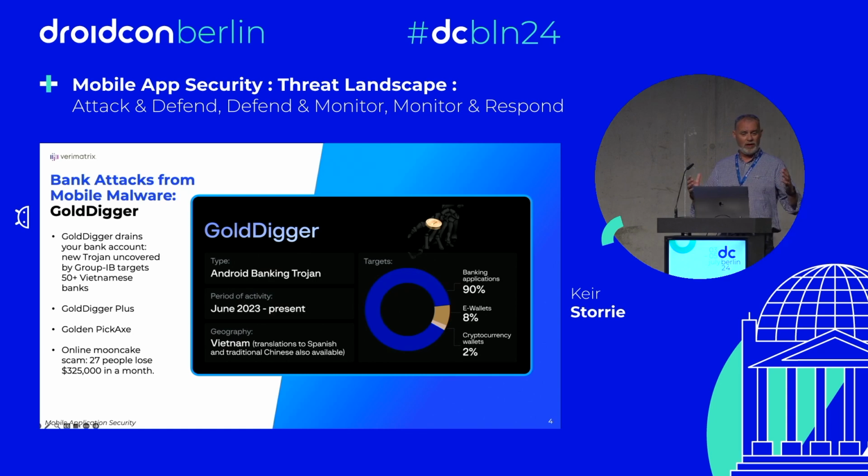We then got Gold Digger Plus and Golden Pickaxe, or Gold Pickaxe, which is now really the standard for mobile malware delivered to both iOS and Android devices in order to empty money from bank accounts. So we're seeing real world problems here that are no longer being discussed academically, and we need to have robust solutions in order to ensure that our applications are protected in hostile environments.